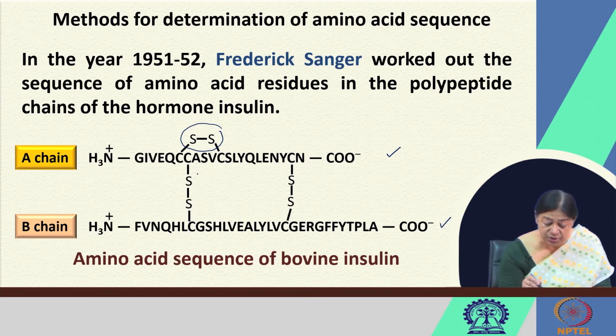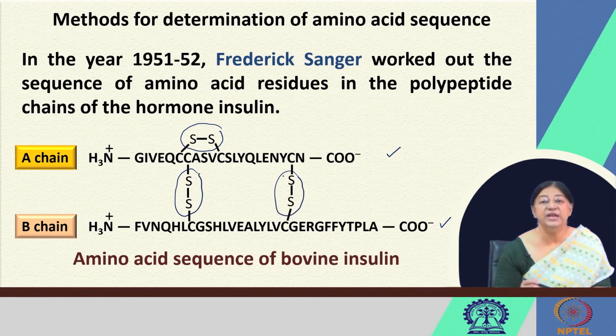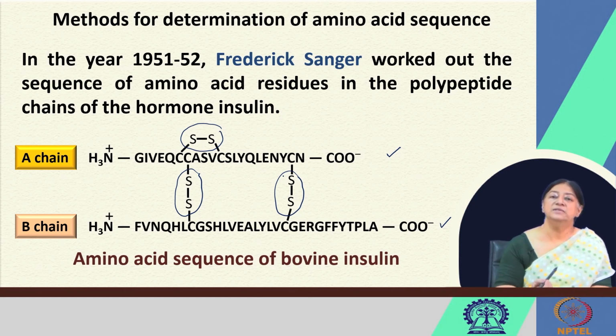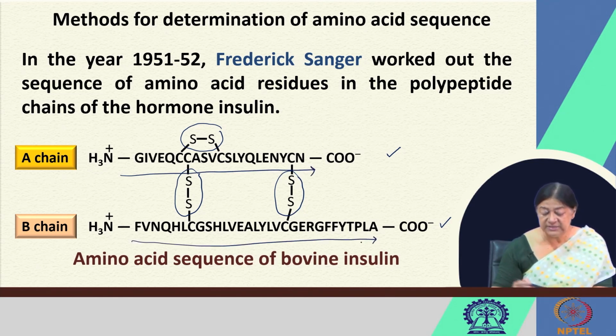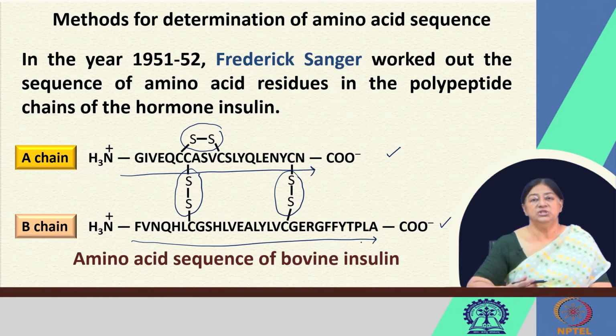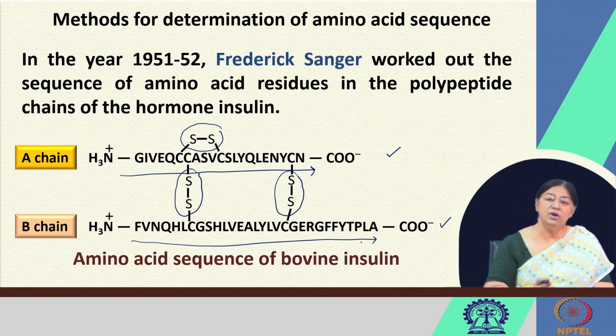We have in addition two disulfide linkages that link chain A and chain B. Now, if we want to know what the sequence of chain A is, what the sequence of chain B is, then there are specific methodologies that have to be followed in order for us to identify the specific amino acids that are linked in the specific order that forms the A chain or the B chain, or for that matter whatever protein it is.